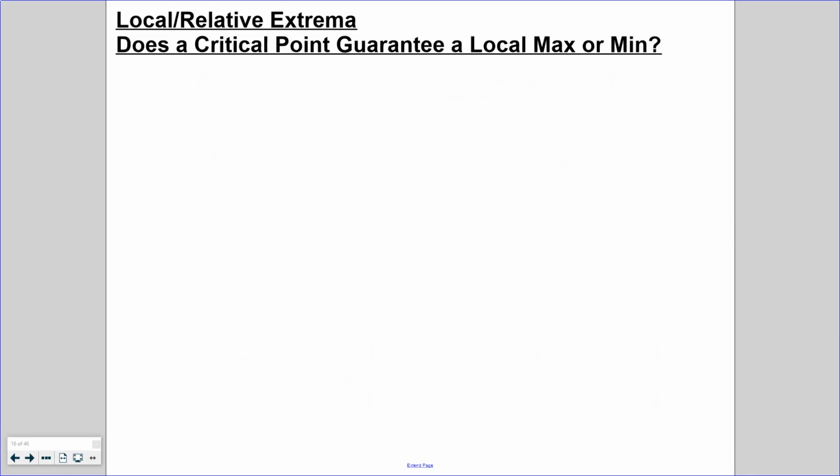Alright, so we know that we have a critical point in 2 situations: when the derivative is equal to 0, or when the derivative is undefined. Well, when the derivative equals 0, that means the slope of the tangent line is 0.